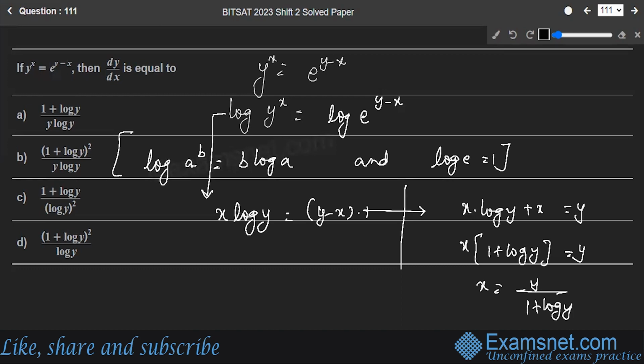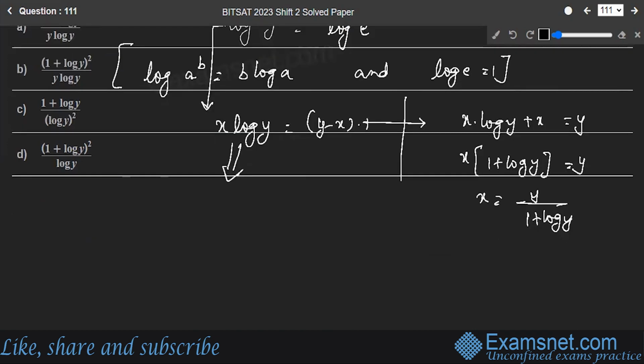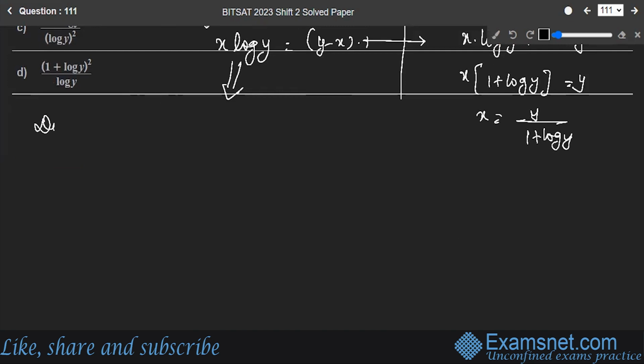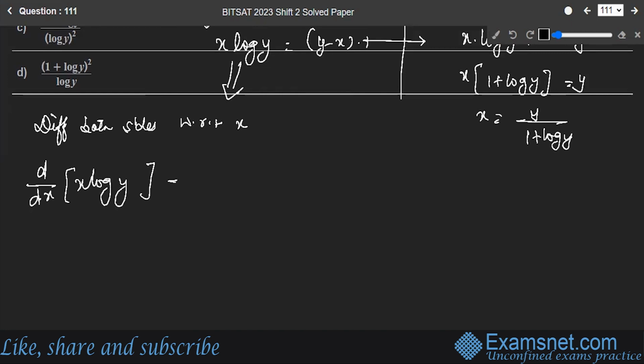Okay, so now I'll take this equation, differentiating both sides with respect to x. Differentiating both sides with respect to x, you will have d by dx of x log y is equal to d by dx of y minus x.